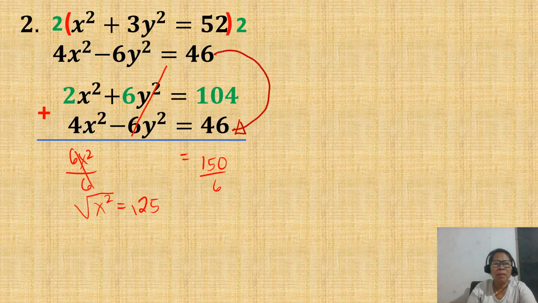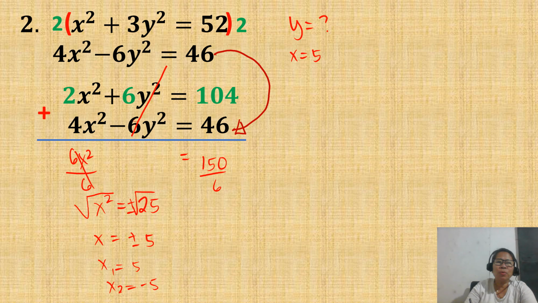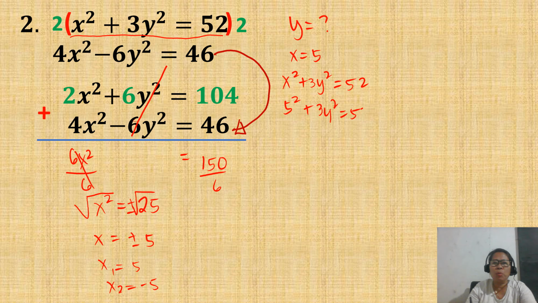Getting the value of y, if x is equal to 5, let us use original equation A. We have x squared plus 3y squared is equal to 52. What will be the value of y if x is 5? We have 5 squared plus 3y squared is equal to 52.